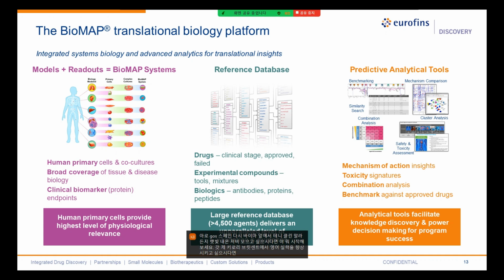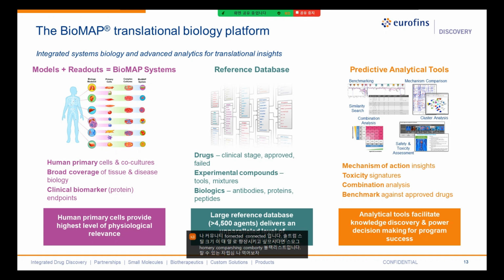We have profiled over 4,500 different approved drugs and clinical entities, things that have been into the clinic and in some cases failed, because those too can yield very valuable information that can be used in a platform like this. Small molecules, biologics, lots of different therapeutic modalities, a wide range of different molecular targets and phenotypes.